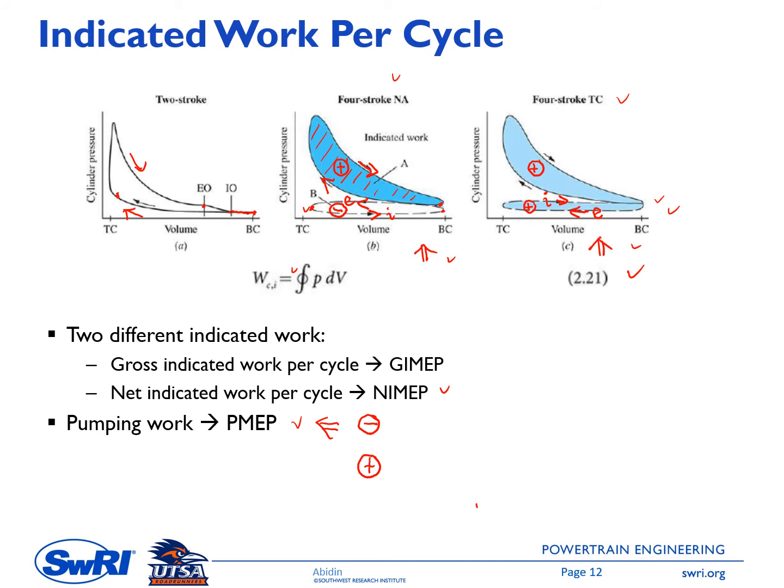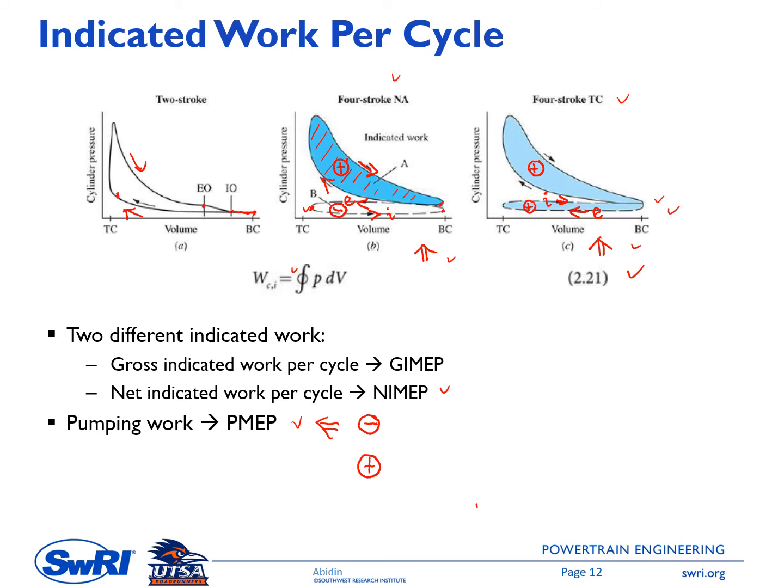And this pumping work is the work during the intake and exhaust process. So once again, if we have a naturally aspirated engine, the pumping work transfer will be to the cylinder gas, okay? And this is because the intake stroke pressure is less than the pressure during the exhaust stroke.